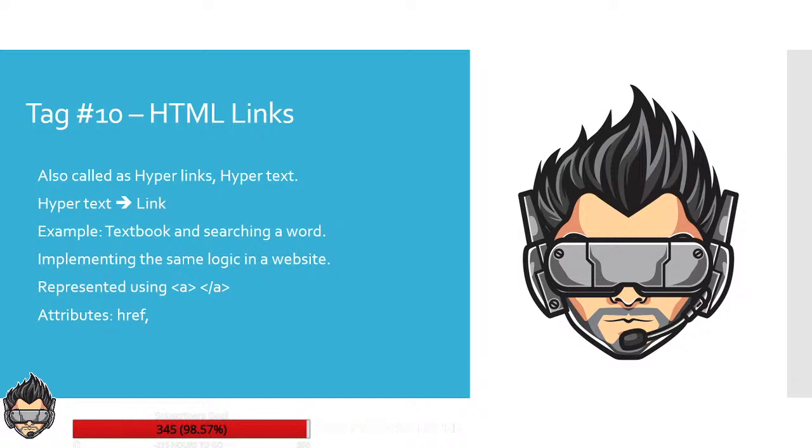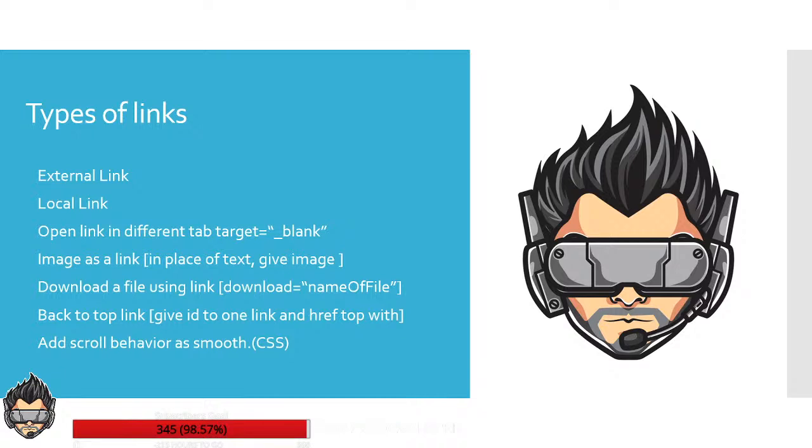That's the way of representing a link, and the link is represented using a tag. The tag is called the anchor tag, and it has an attribute called href. The next thing you need to understand is the different types of tags that are there to represent.